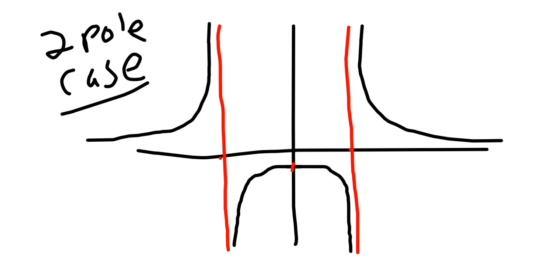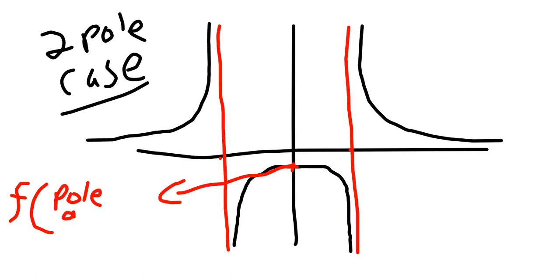So the value of this height is f at the average between the two poles, the two poles being the zeros in the denominator. Take the average of those two numbers, evaluate f, that's going to give you the height.